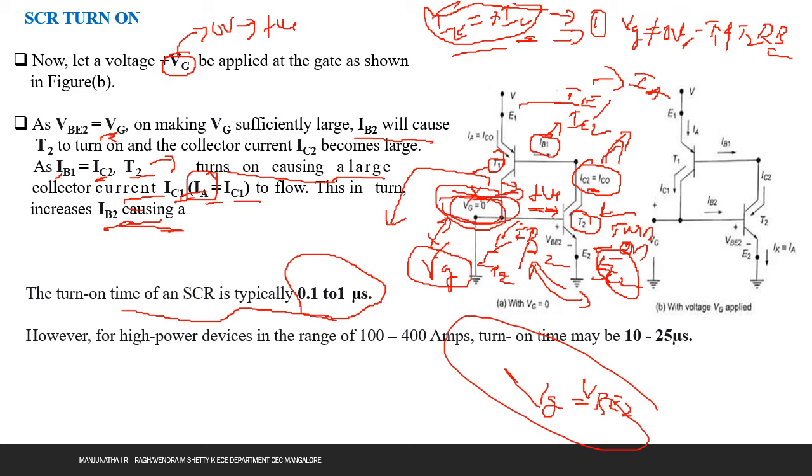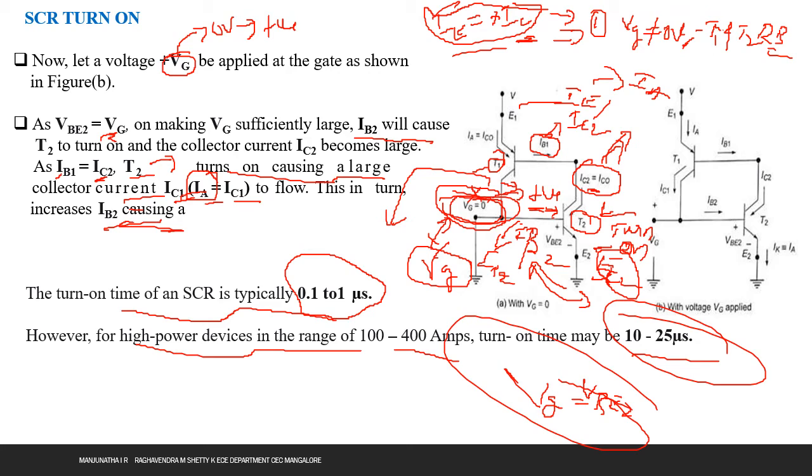It takes a very small amount of time to turn the SCR on. However, for high power devices in the range of 100 to 400 amps, turn on time is 10 to 25 microseconds.